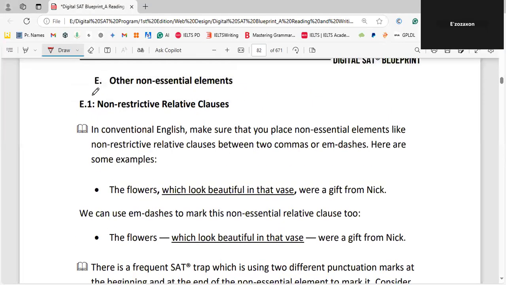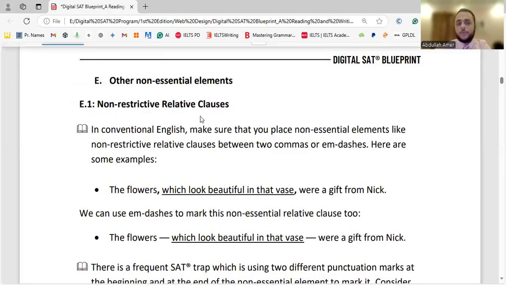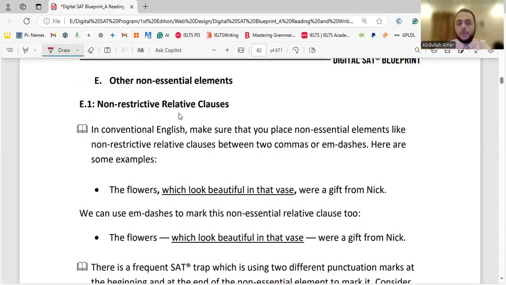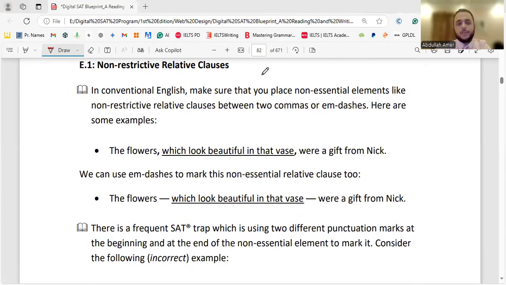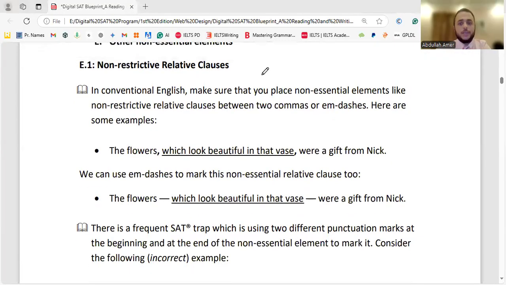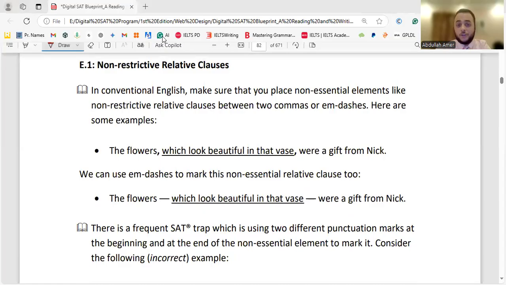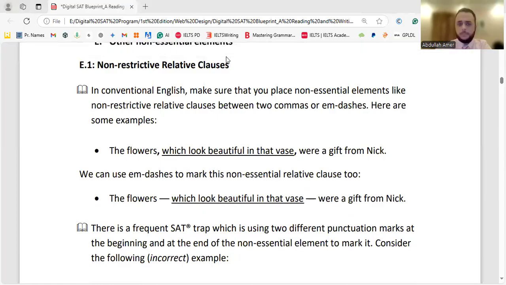We have other non-essential elements. Here, we're not dealing with phrases. We are dealing with clauses. The relative clause, exactly. And you know now what we mean by a non-essential element. The non-essential element is something like non-restrictive, something that we can omit from the sentence and the sentence still makes sense.